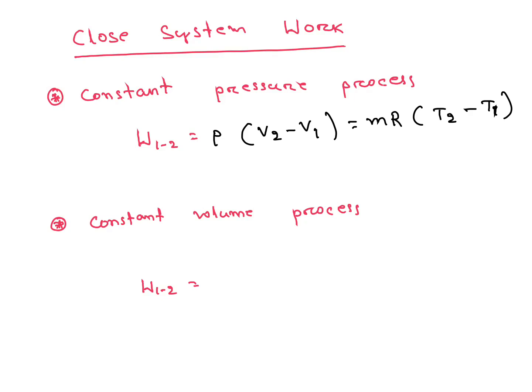Then for constant volume process or isochoric process, W12 equal to PdV, dV equal to 0, so PdV is 0. It's 0.